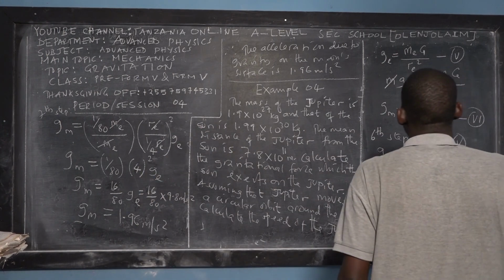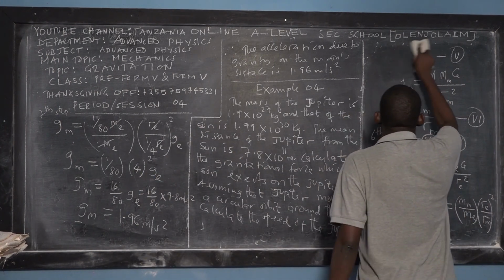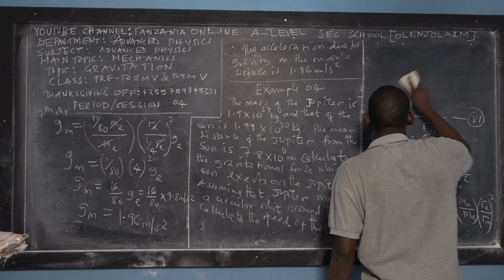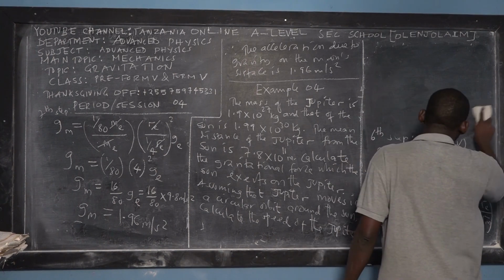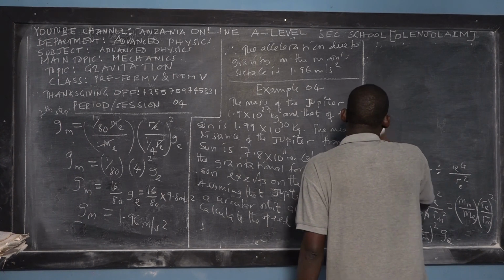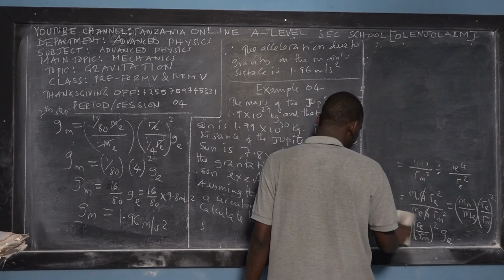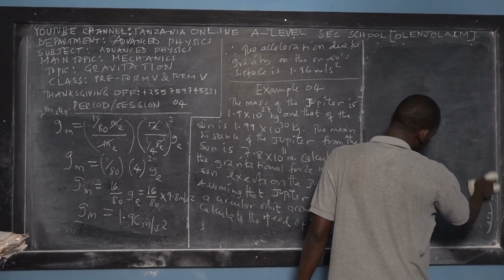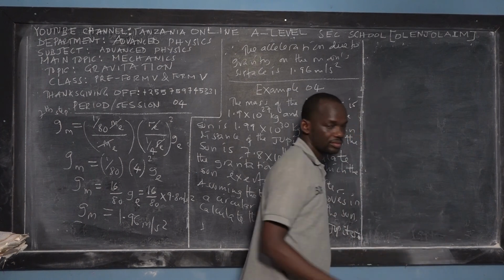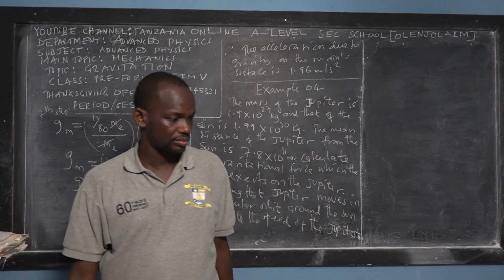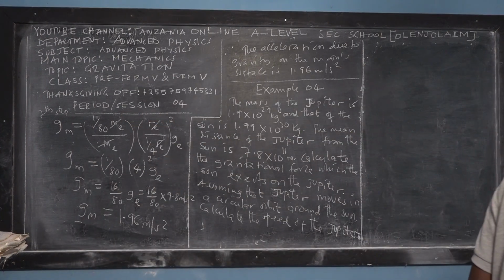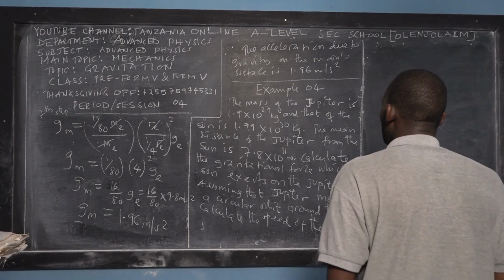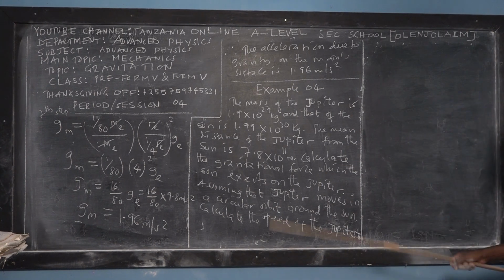So, copy the question, and then I'll clarify or explain it as you enjoy the beauty of physics. The question said that the mass of Jupiter, the largest planet, is 1.9 x 10^27 kilograms.